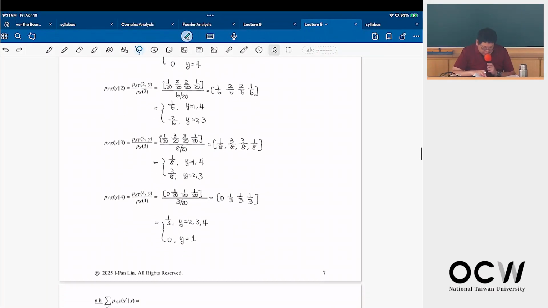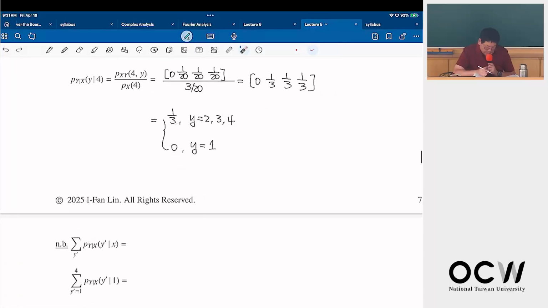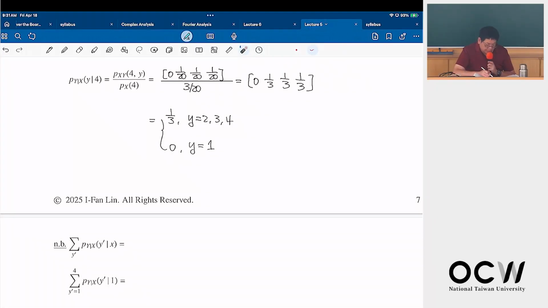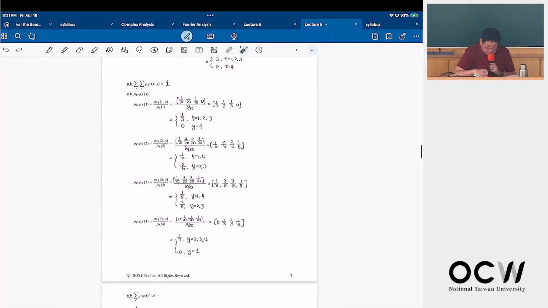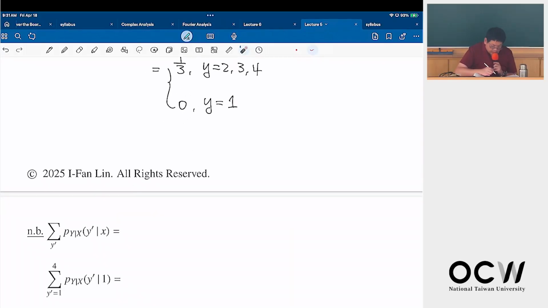So for the summation of the conditional PMF of y given x, similarly, we can check this should be 1. First, let's see if my x is 1.